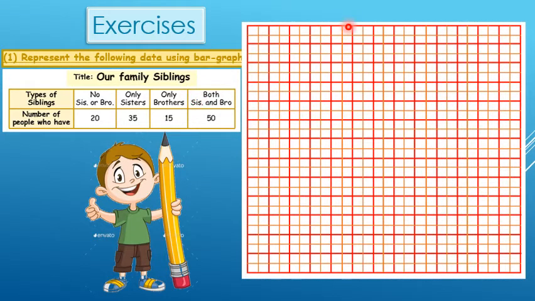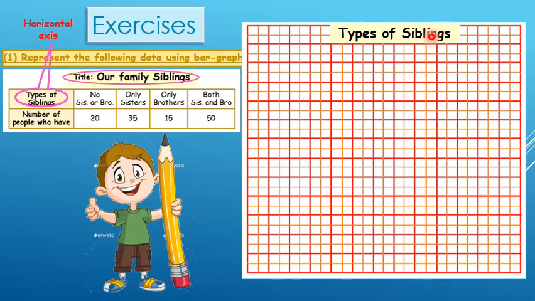First of all, write your title here, our family siblings. Write it down using your pencil. Then we have an empty grid without any drawn axes. Then we will use our pencil and ruler to draw our axes. Then we use our pencil to put this point here.